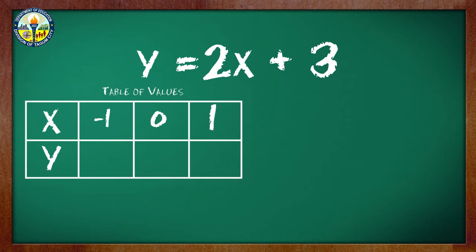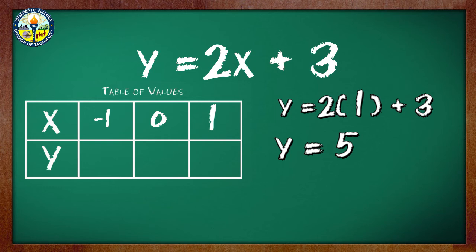What is y when x is 1? Using the equation y equals 2x plus 3, we will substitute x with the given value 1. Then simplify. So, y becomes 2 times 1 plus 3, which is equal to 5. Therefore, y value is 5.